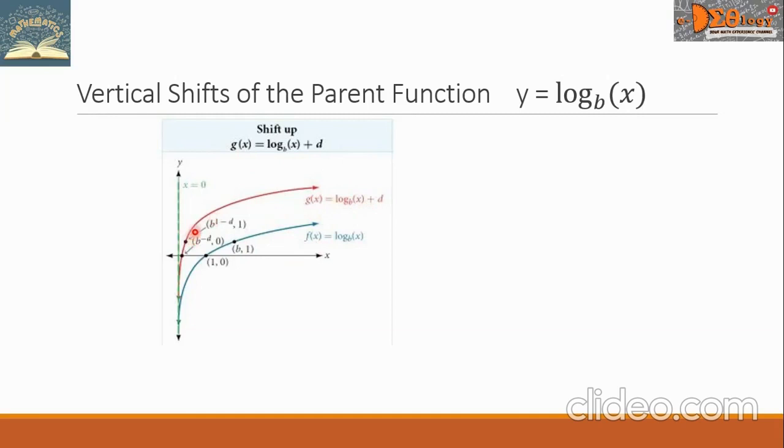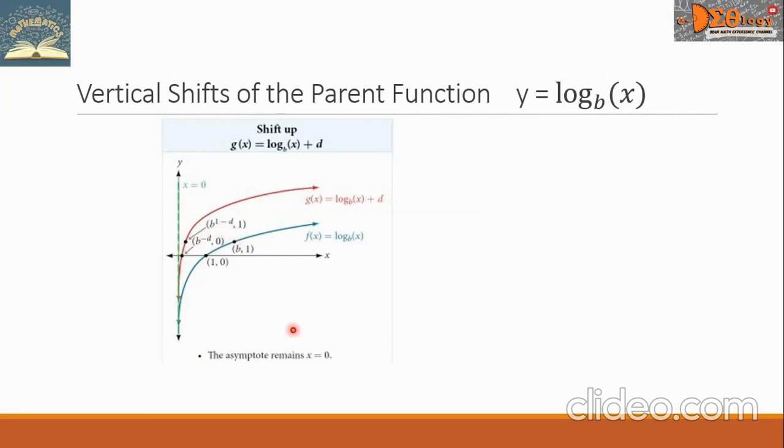Take note of two important points for the g of x. The first is the x-intercept with coordinates b raised to negative d, comma, 0. Another key point is b raised to 1 minus d, then comma, 1.